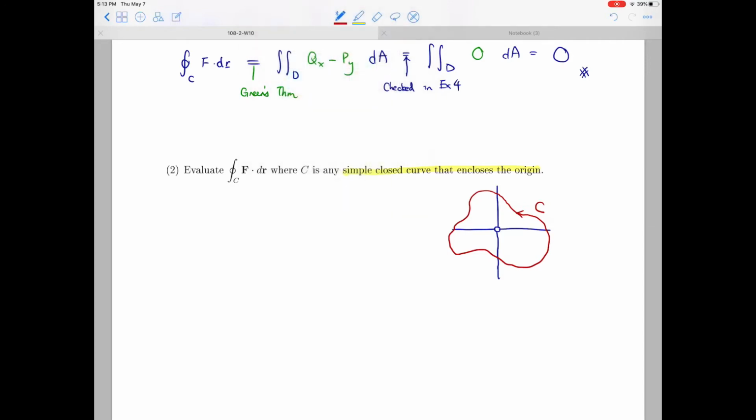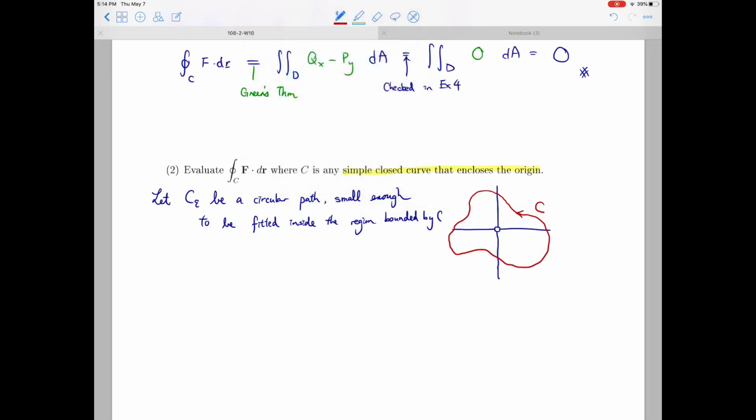The idea is, let me use a different letter, C epsilon, be a circle, a circular path, small enough to be fitted inside the region bounded by C. So what does it mean?